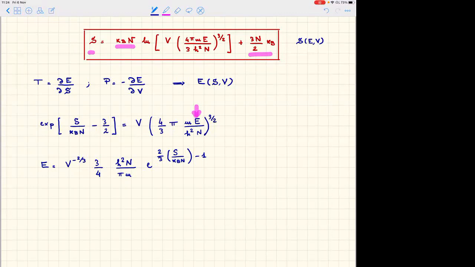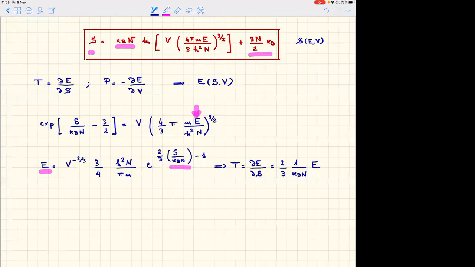Now, it's important to notice one thing, that the internal energy depends exponentially on S. It's a simple exponent. Therefore, you see that if I compute the temperature T, which is dE/dS, what I get is 2/3 times 1 over K Boltzmann times N times E itself.